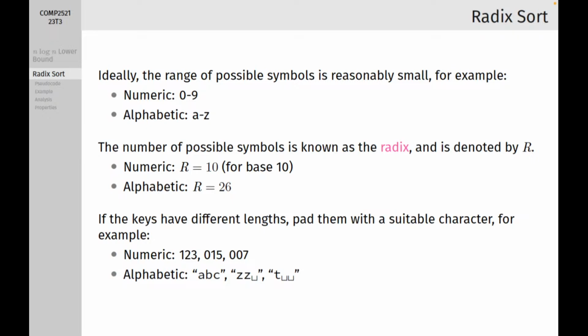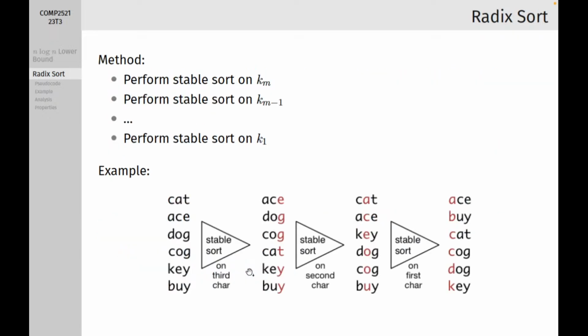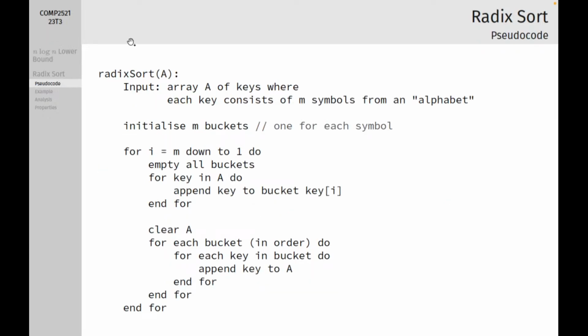It might also create one bucket for the blank character, because I said that you have to pad your keys if they're too short. So in radix sort, we have an array A of keys where each key consists of m symbols, so m is the length of your keys.